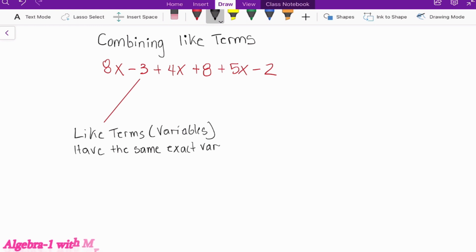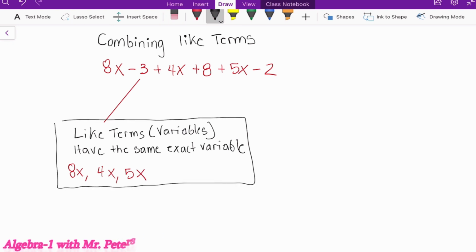Okay. So when we look at this problem above, we should know that x is our variable and 4x, 8x, and 5x are all like terms. Okay. They all have the same variable of x. All right. So that's the first part, like terms for our variables.